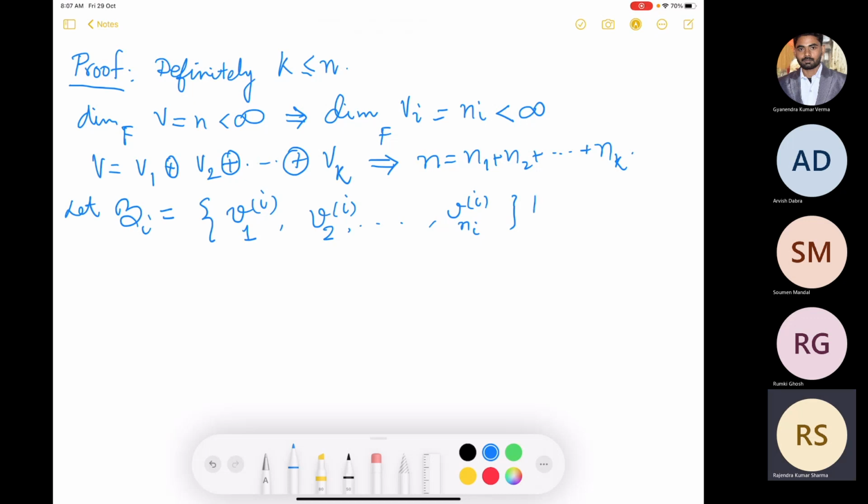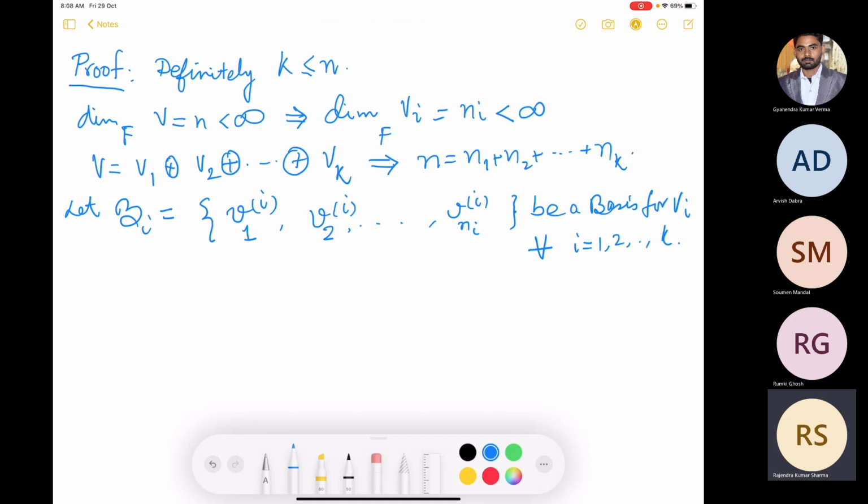So this is a basis for Vi for each i from 1 to k. Now, B1 is the basis for V1. The elements are v1 1, v2 1, up to v ni 1. So this upper index denotes the corresponding subspace Vi. So these are k bases in number.